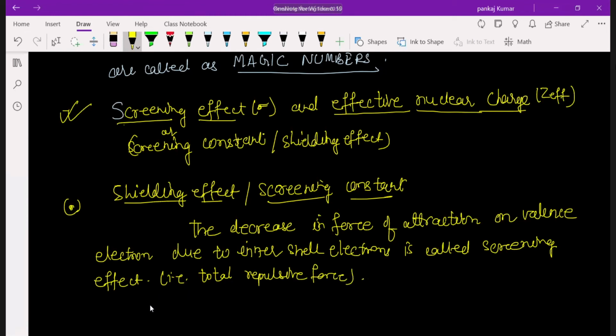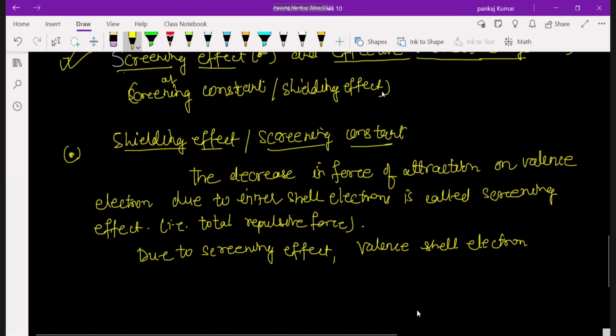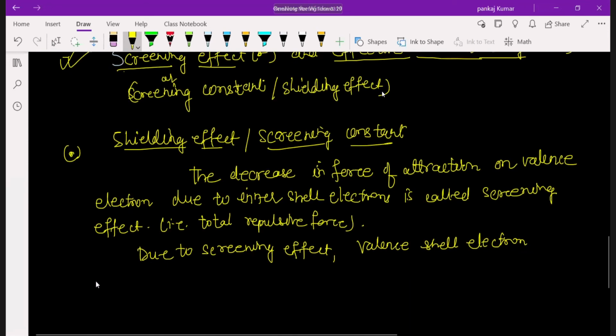And due to the screening effect, the valence shell electrons experience less force.